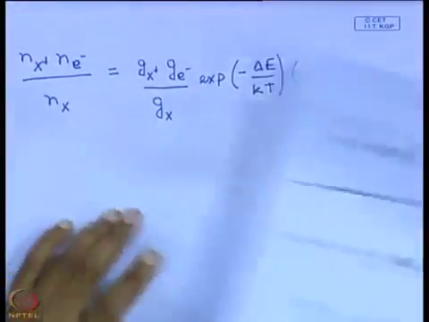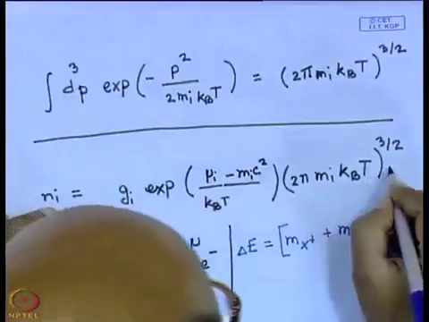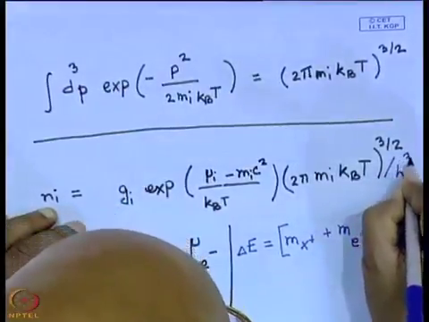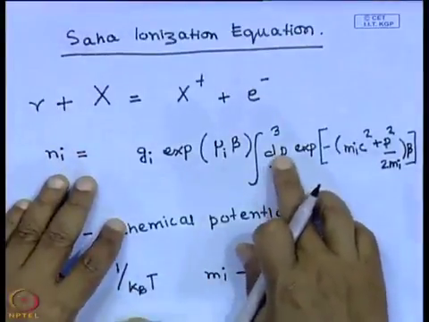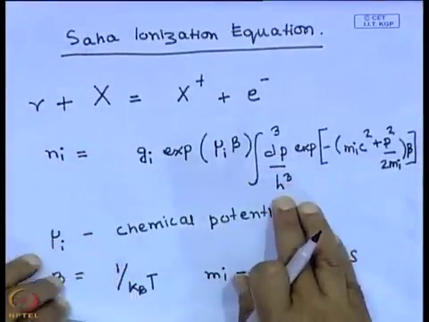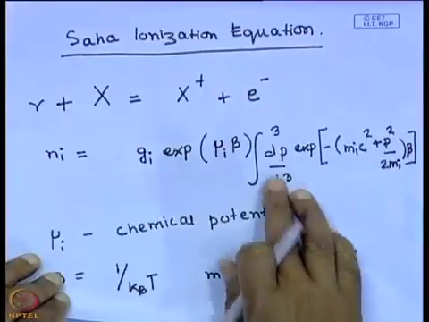Oh, there should be a factor of h cube here, which I have forgotten to write down. The h cube comes from the phase space counting. You have to count per unit volume in phase space, which is h cube.